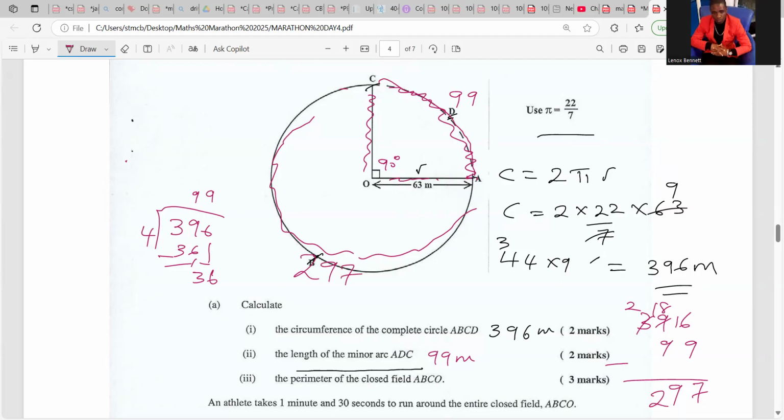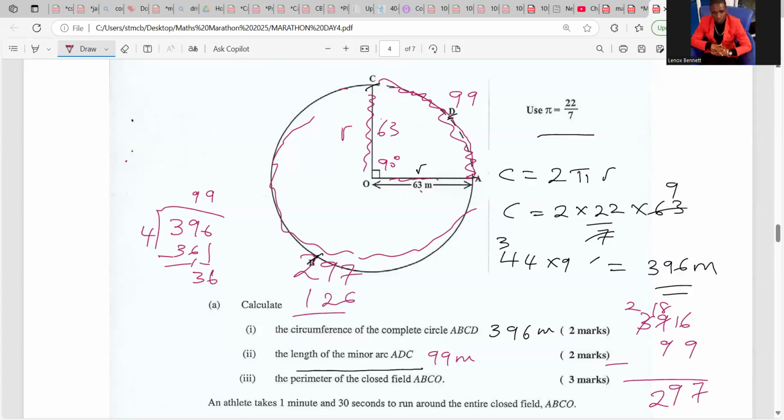However, we need this measurement here. We have this as 63, but this is also a radius, so this would have been 63. So all we need to do now to get our final answer is add 63 plus 63 and this. So 63 and 63, that's 126.